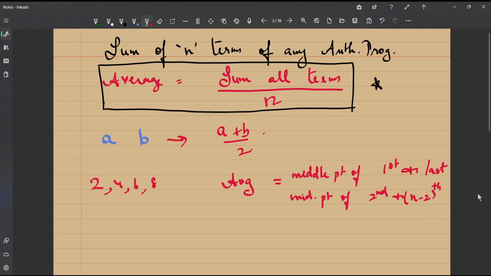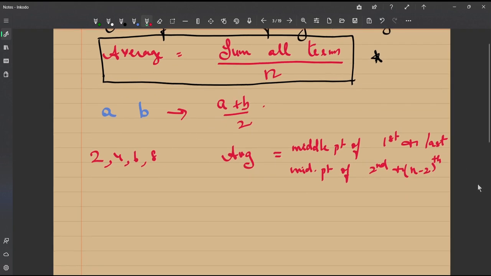Now try to apply this for an arithmetic progression with 5 terms. Consider the multiples of 6: 0, 6, 12, and then 18 should be there after 12, so 0, 6, 12, 18, 24.